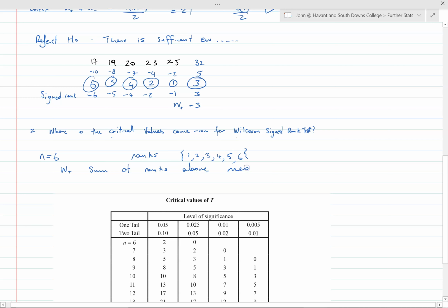So I'm going to look at what the possibilities for W plus are. For those of you who have the AI Hodder textbook, this is equivalent to what they're doing on page 290, but I'm actually doing the opposite. I'm going to consider W plus because it's arbitrary and it goes with the example that we've actually done.